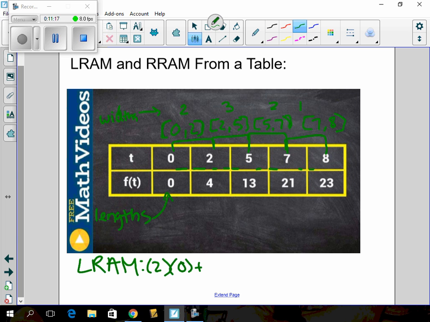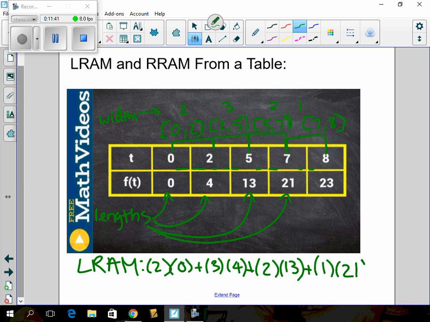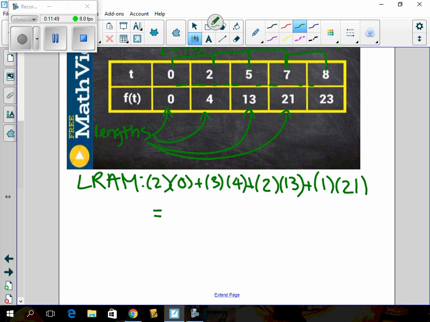On the interval from 2 to 5, the left-hand side is 4. So my width is 3, length is 4. On the interval from 5 to 7, width is 2, length, left-hand side, 13. And from 7 to 8, width is 1, length is the left-hand side, 21. When I add these all up, I get that my LRAM is equal to 59.